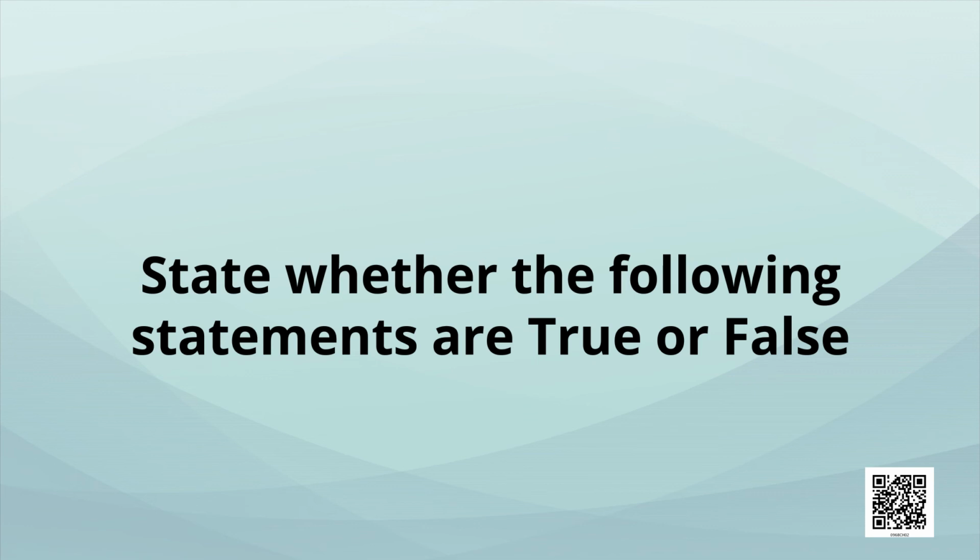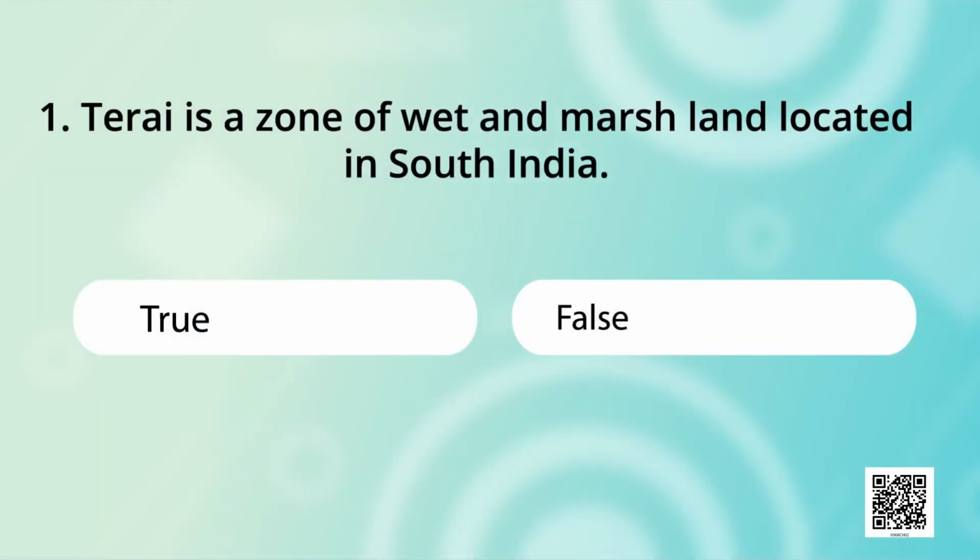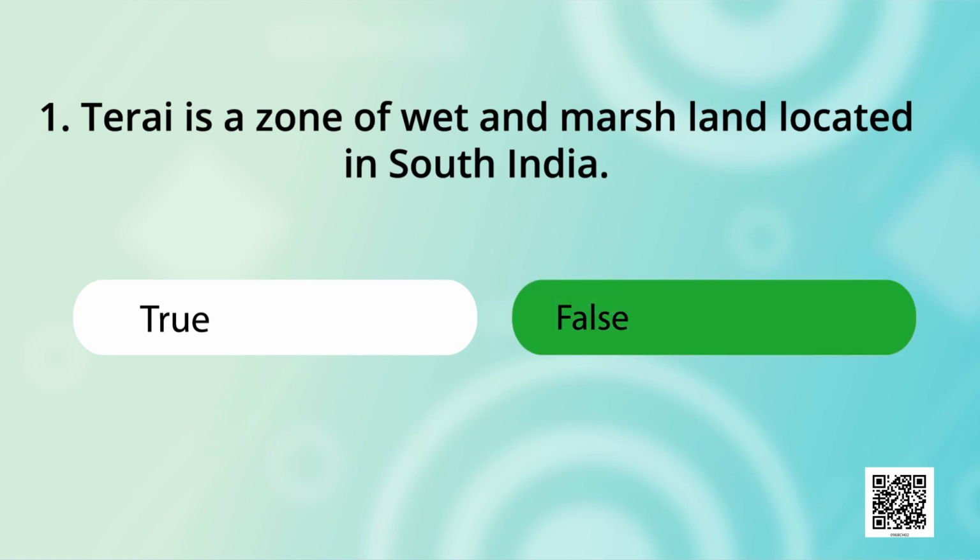And the first one is, Terai is a zone of wet and marshland located in South India. Is it true? No, it is false because Terai is not located in South India. Rather, it is located in the northern plains.